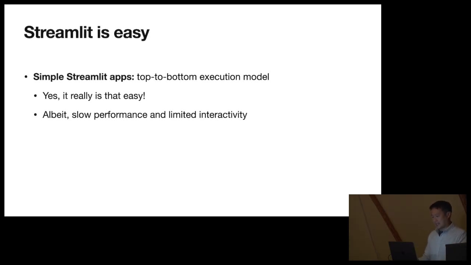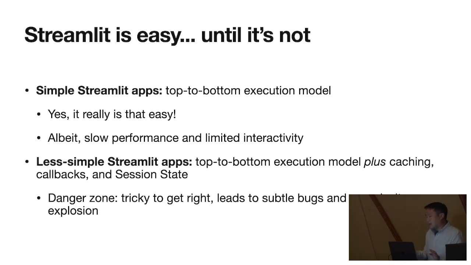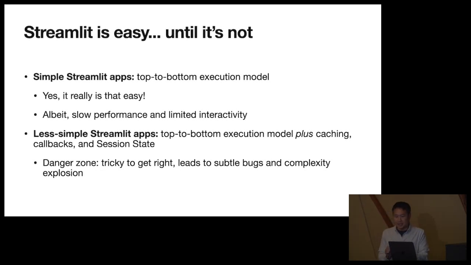It's that easy. Now, granted, it's running the entire script every time you move a slider, every time you click a button. So as a result, by default, it does have slow performance. And there's only so much control you can have when it's running the entire script every time anything changes. You can't opt out of that behavior. So that means as your Streamlit apps get just a little bit more complicated, you are left in quite a bad place.